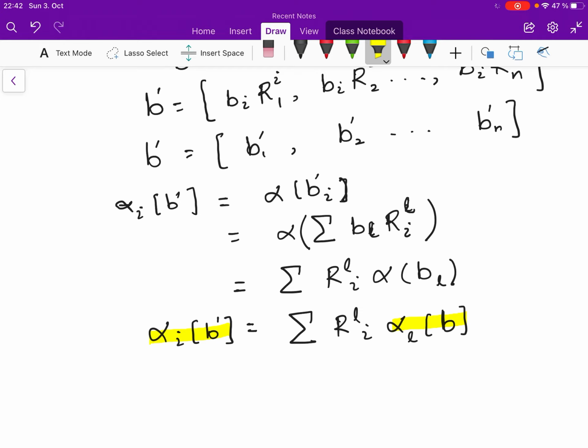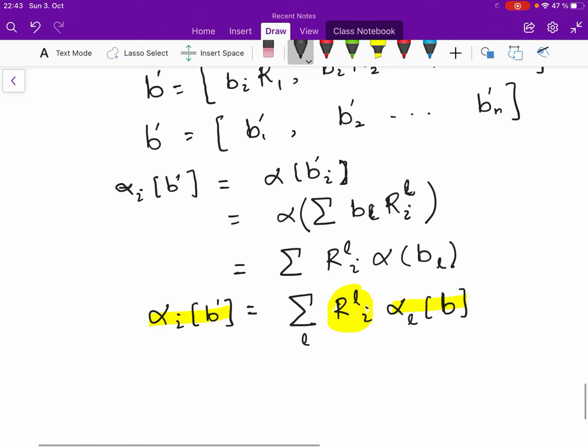So I obtain the component of the functional in the prime basis from the component of the functional in the simple basis, or in the old basis, just by multiplying by the elements of the change of basis matrix, which means the R matrix. The summation is obviously over L because it is repeated over here.